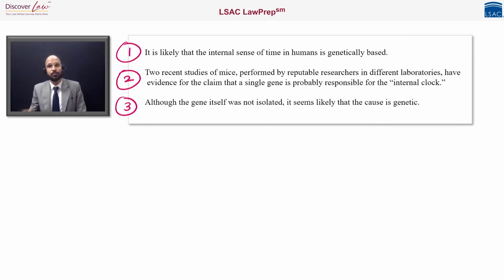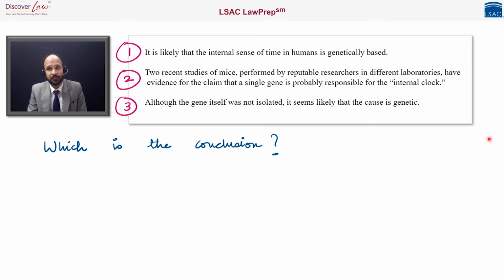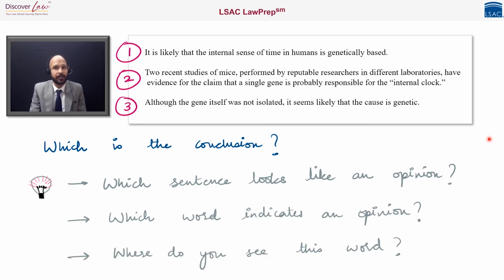As I told you, in understanding the structure of an argument, it always helps to first identify the conclusion. The conclusion is either indicated through words like so, therefore, thus, hence, or you would find it in the form of an opinion.